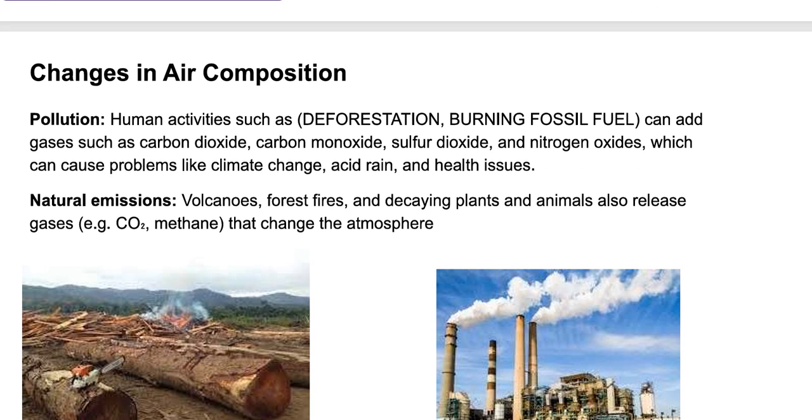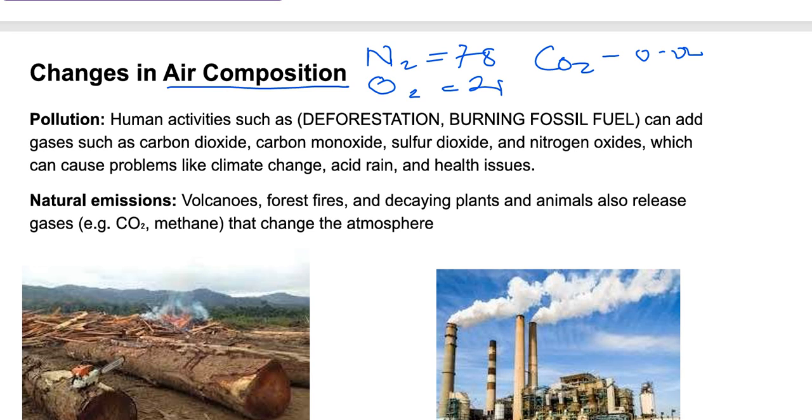Now, changes in air composition. Remember, the air composition is nitrogen gas is 78, oxygen is 21. We have other gases like carbon dioxide is 0.04, and you have krypton and other noble gases. Now, the composition of the atmosphere also changes.